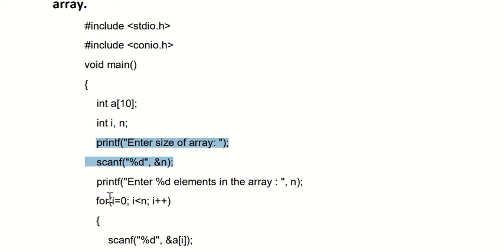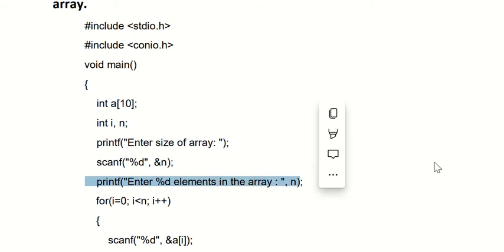First of all, printf enter and then %d is there. Replace %d with n, and as per our assumption n is 5. So the message will come: enter 5 elements in the array.